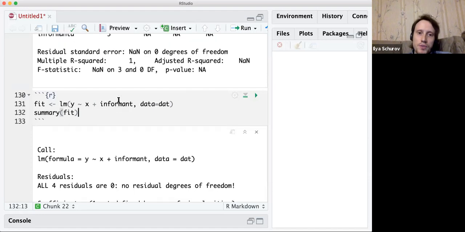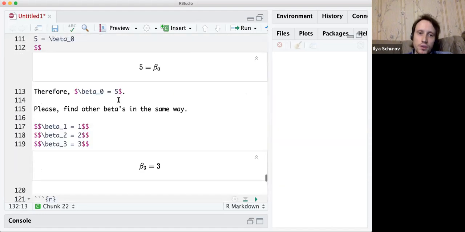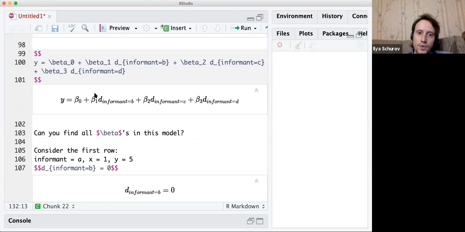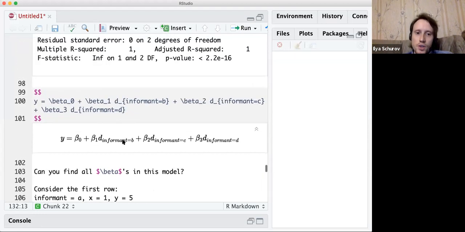By specifying these values of these betas, we can create any y as we wish, and it does not depend on other variables that we have in our data set. So that's why if we just use this informant variable as a regular fixed effect, it just does not make sense.